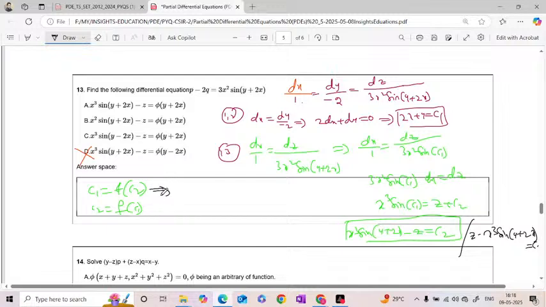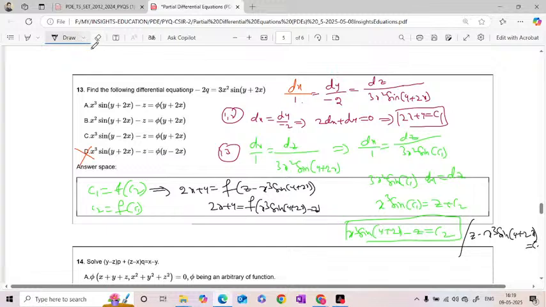So for the first solution, the first form is C1, what is the C1? 2x plus y is equal to function of z minus x cube sine of y plus 2x. Or you can write the same in reverse also: 2x plus y is equal to function of x cube sine y plus 2x minus z.